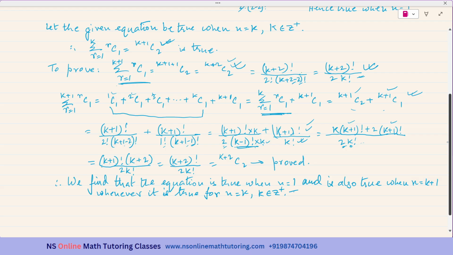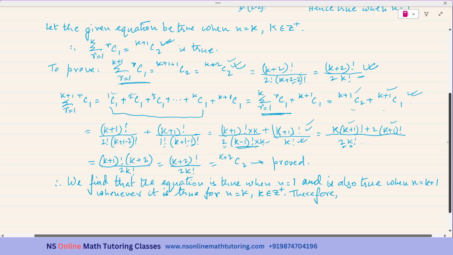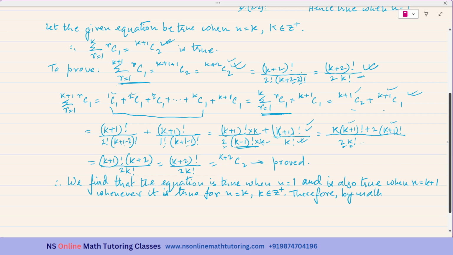Okay. Therefore, by mathematical induction, actually you have to write these sentences, but you can make it short. Obviously, it will get shortened if you don't have much time.